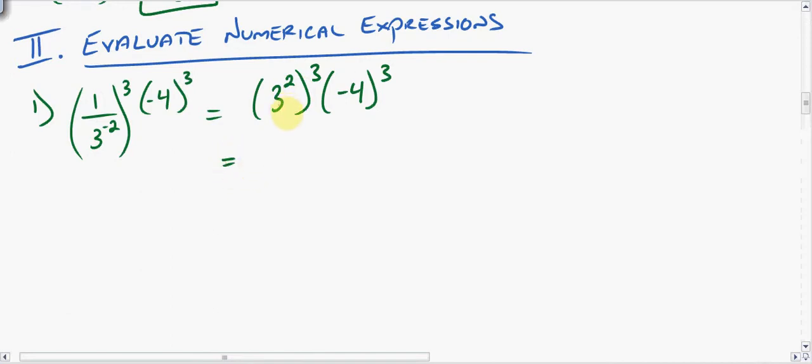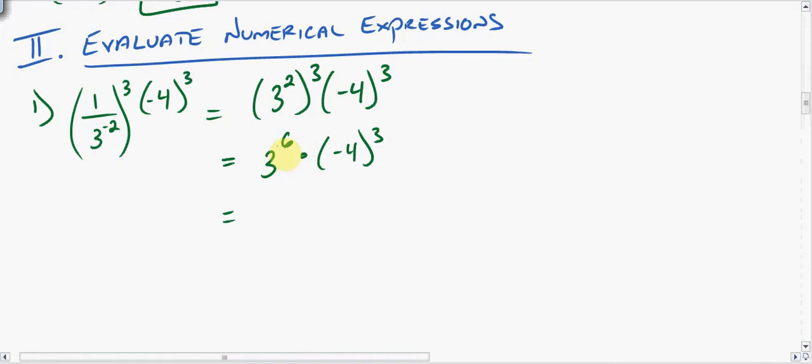Next, I see I have power of a power. I have a base raised to 2 exponents. I need to multiply those. So I'm going to have 3 raised to 2 times 3, which is the 6th power, times negative 4 raised to the 3rd power. I've done all I can with my properties. Now I have 2 different bases, so I can't add their exponents.